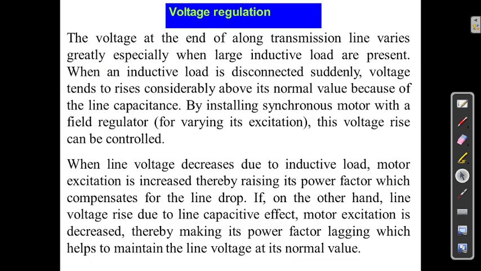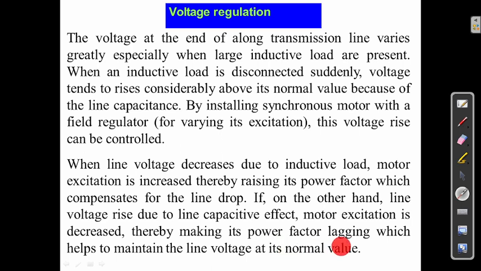So in voltage regulation, installing a synchronous motor with a field regulator allows the voltage rise to be controlled. But the line voltage would not be maintained because of a low lagging power factor.